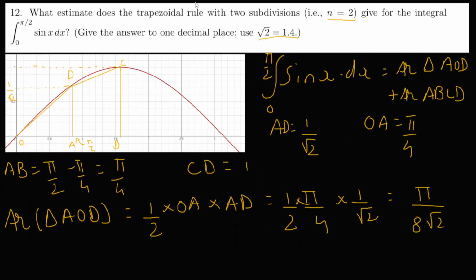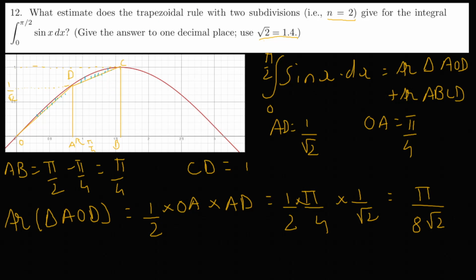Now let us go back to the original image. If we look closely over here, the blue shaded area is something which wasn't counted in our geometrical integration, like our estimation using the trapezoidal rule. This area and this area, it wasn't counted.